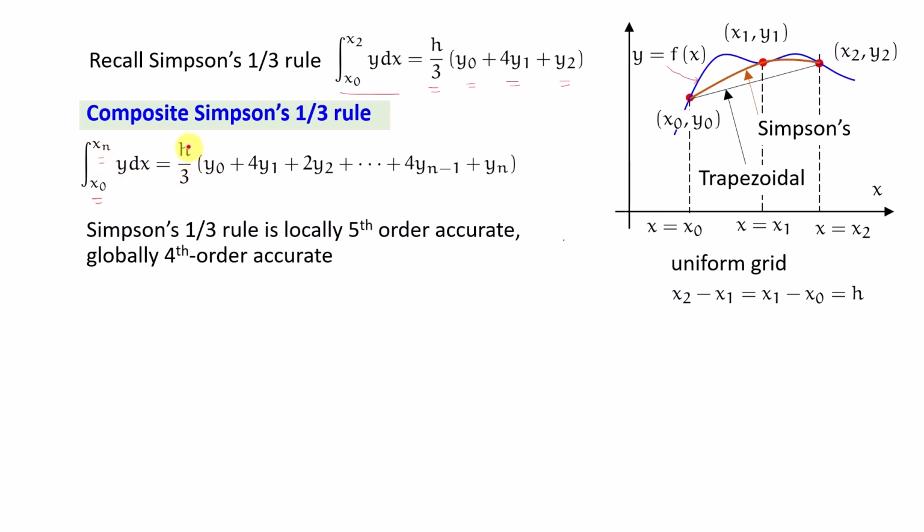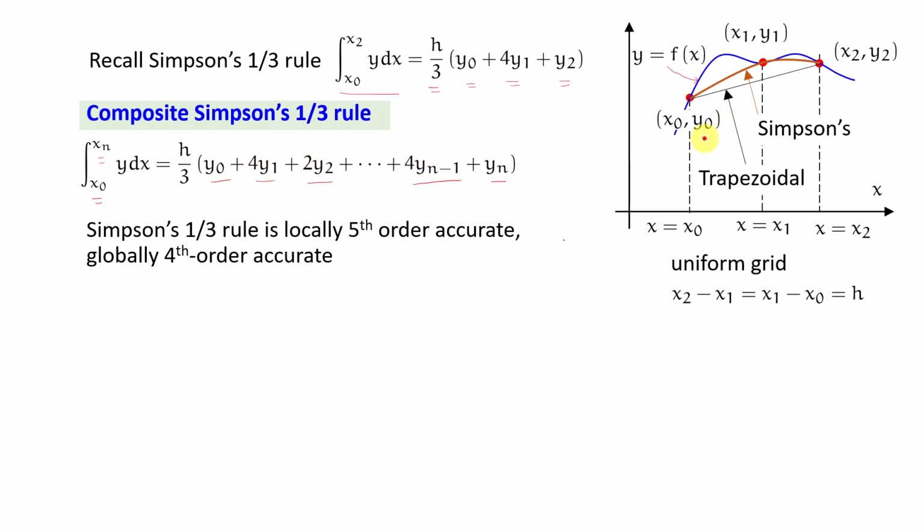We have this composite rule of h by 3 times (y0 plus 4y1 plus 2y2, and so on, up to 4y(n minus 1) plus yn). So the coefficients will go 4, 2, 4, 2, 4, 2, and so on, and at the end it will be 4 and 1. The coefficient starts from 1, then goes 4, 2, 4, and so on.